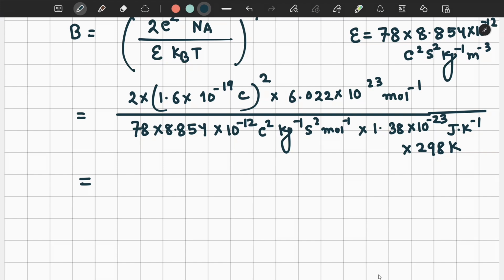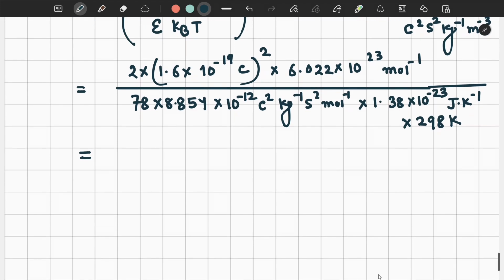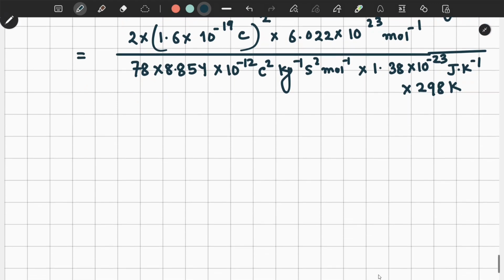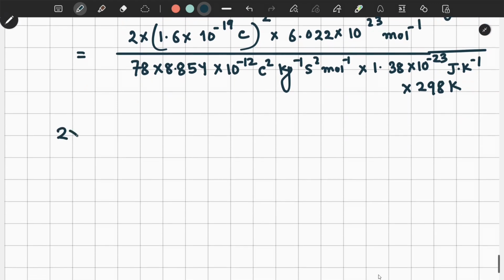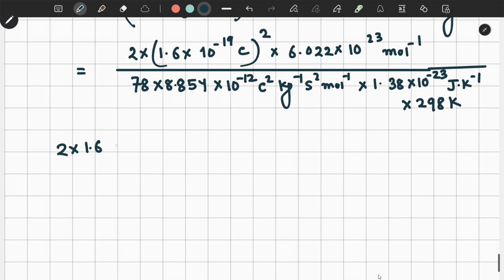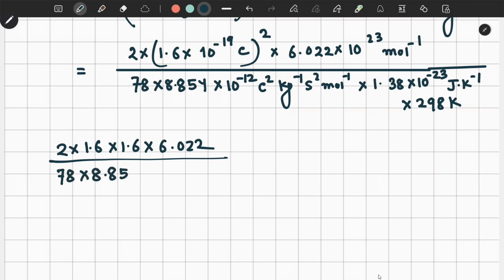Coulomb square will not be there. Let us do the value first, then we'll do the unit. 2 into 1.6 into 1.6 into 6.022 divided by 78 into 8.854 into 1.38 into 298.